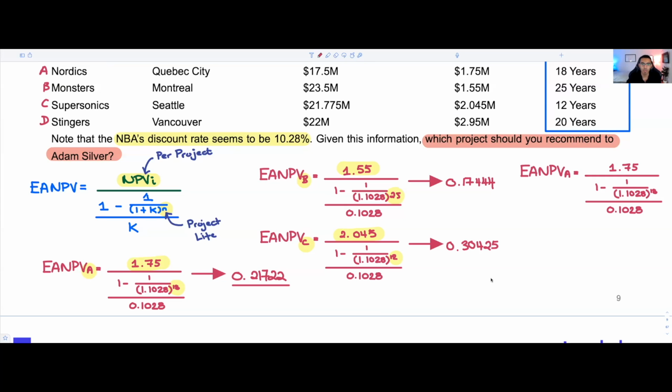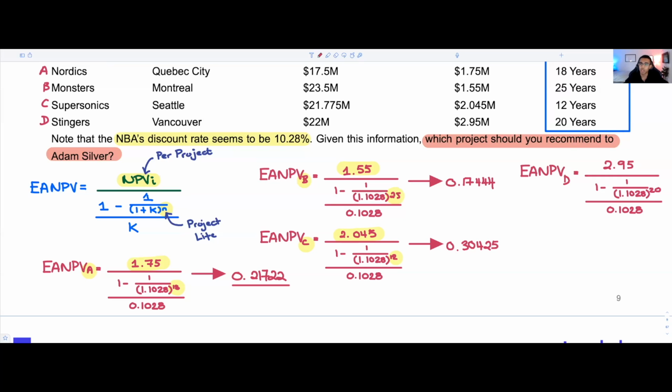And now we could look at project D. So in this case, we're just changing, of course, the little notation here to make it clear that this is a different project. Our NPV will be 2.95 and our n will be 20 years. So we could go ahead and plug all of this in. 2.25, our n will be 20.